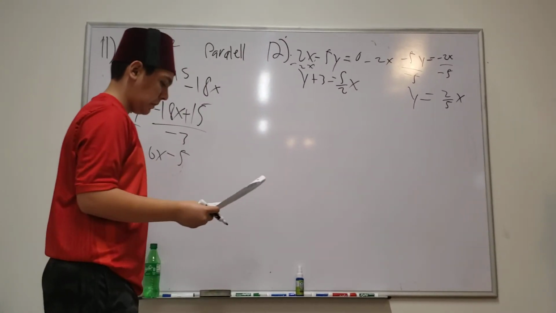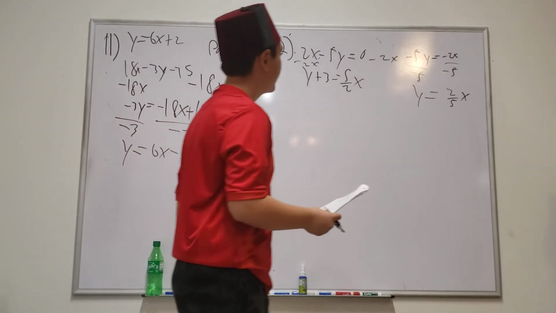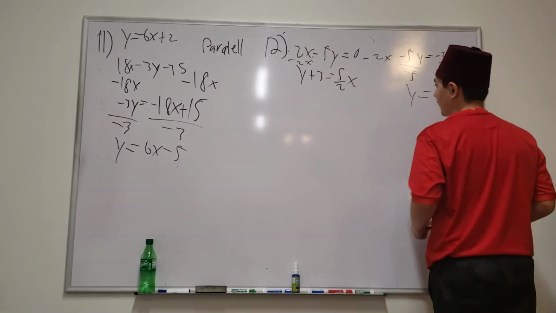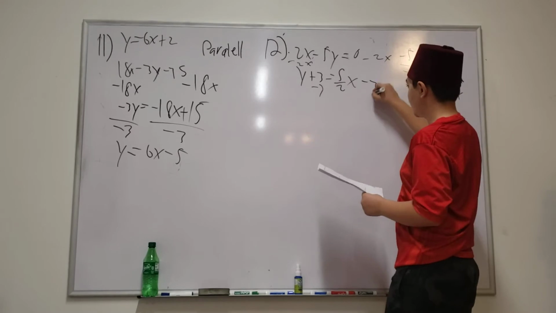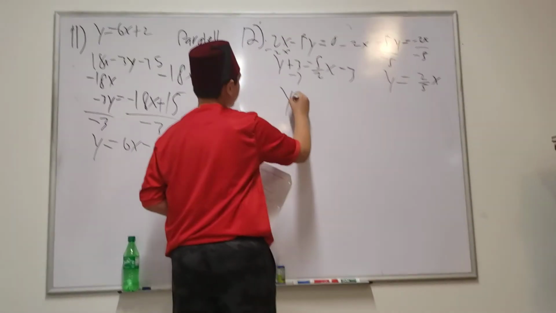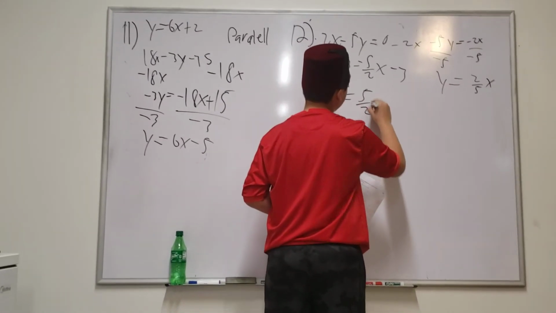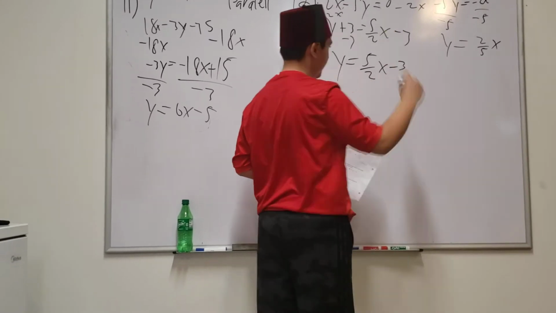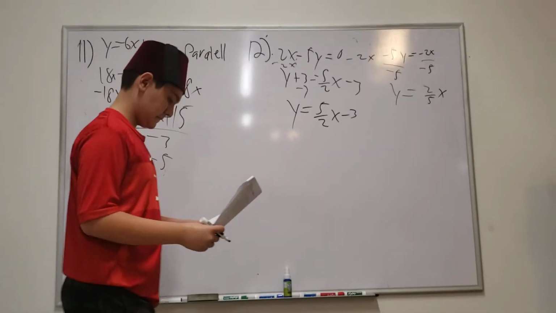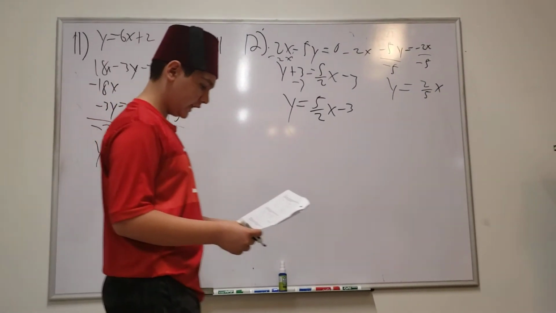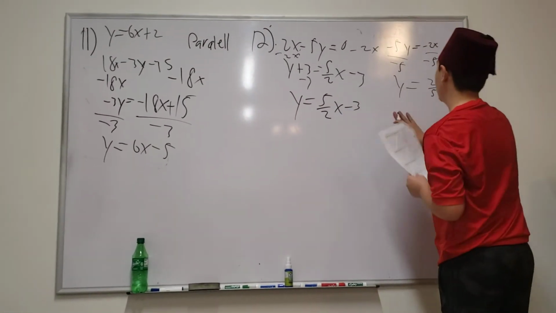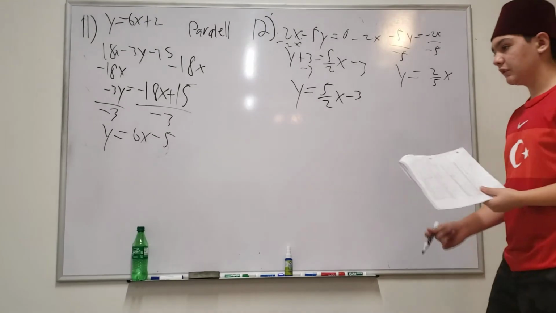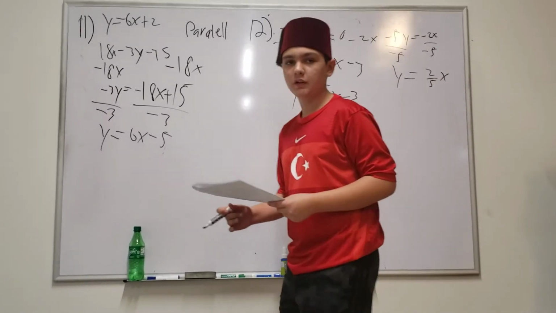All right. So we're going to subtract 3 from this one here to get into slope-intercept form. So it gives y equals 5 over 2 x minus 3. So if we look at it here, they're neither parallel nor perpendicular.